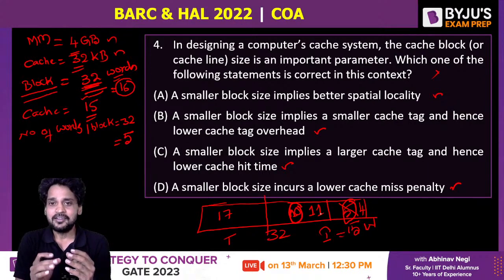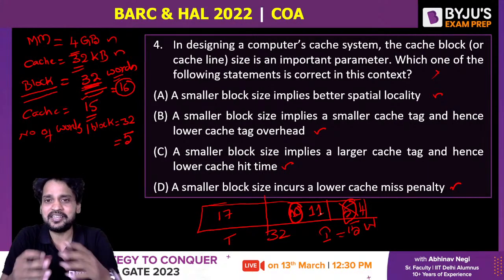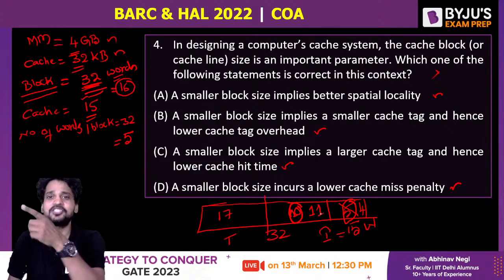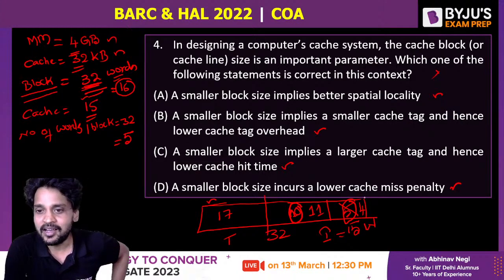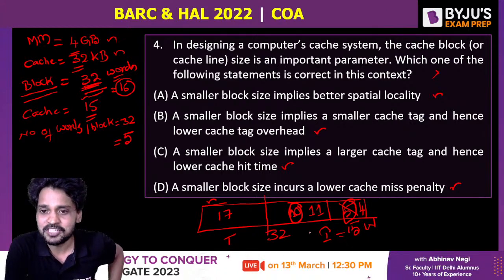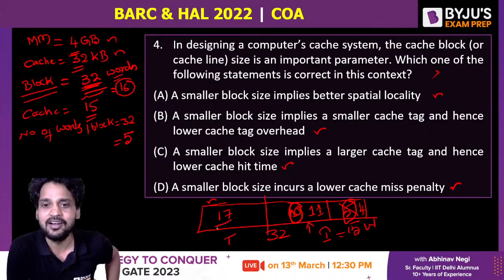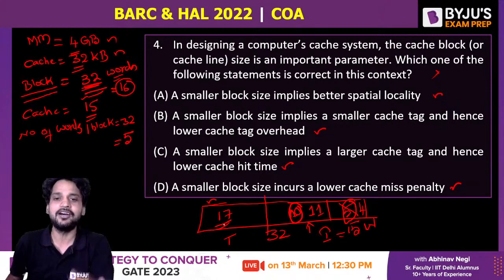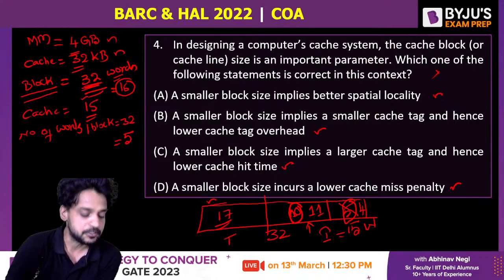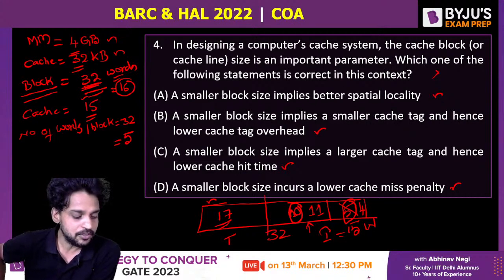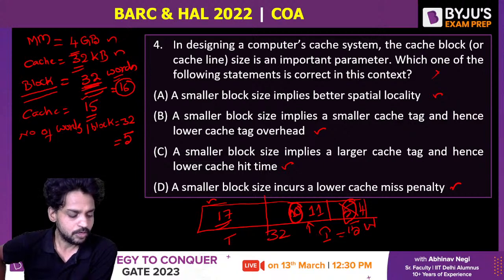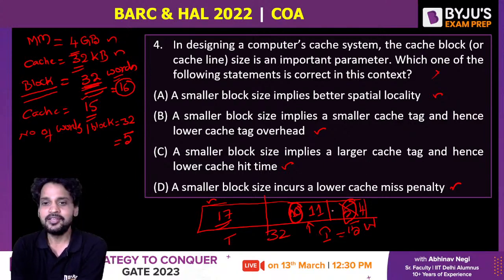If the block size gets reduced, the number of blocks gets affected, but not the tag field. The effect of the word field is on the number of blocks. This middle field will get affected. Tag will not get affected. Did I make myself clear, or do you want me to explain further? Got my point?